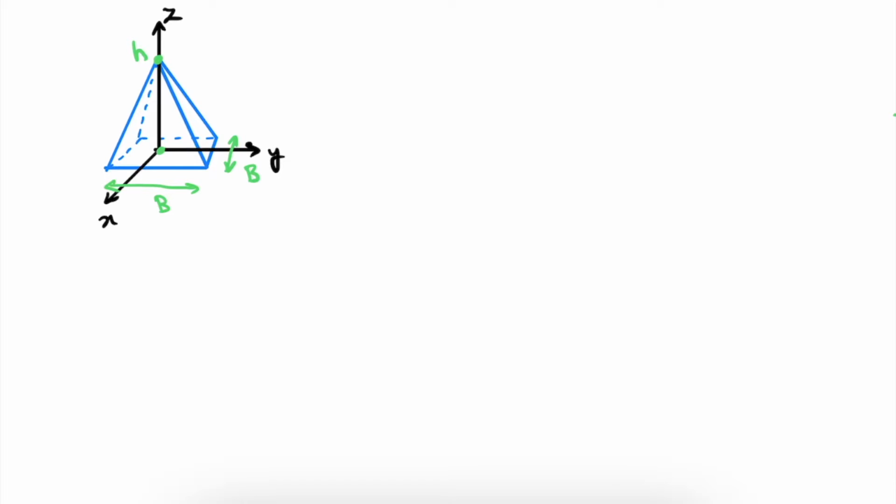And at this point we can start thinking about how to calculate this volume. Again, we know that in Cartesian coordinates, what we do is we integrate over an infinitesimal volume element. This volume element has sides dy, dx, and dz.